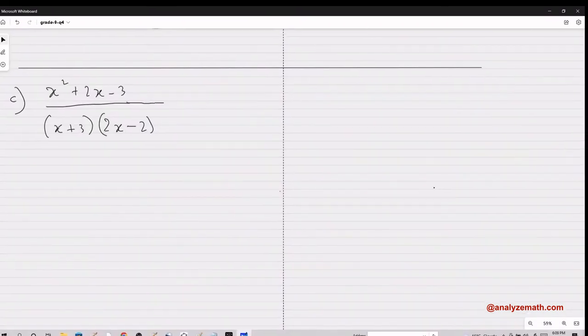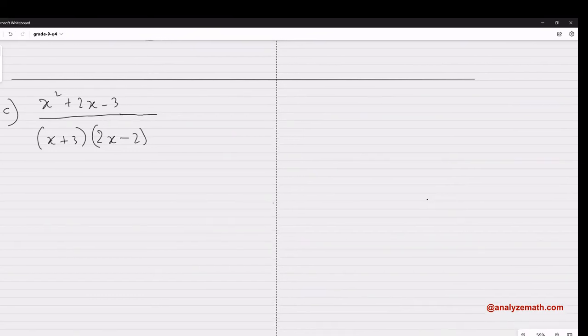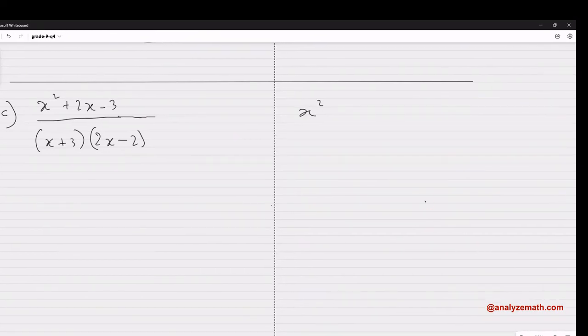Now let's go to part C. Now we notice that in the denominator we have a trinomial. It's a polynomial of degree 2. These are factored by selecting terms of the form x plus k, x plus m, and m and k are constant numbers to be determined. How do we do this?